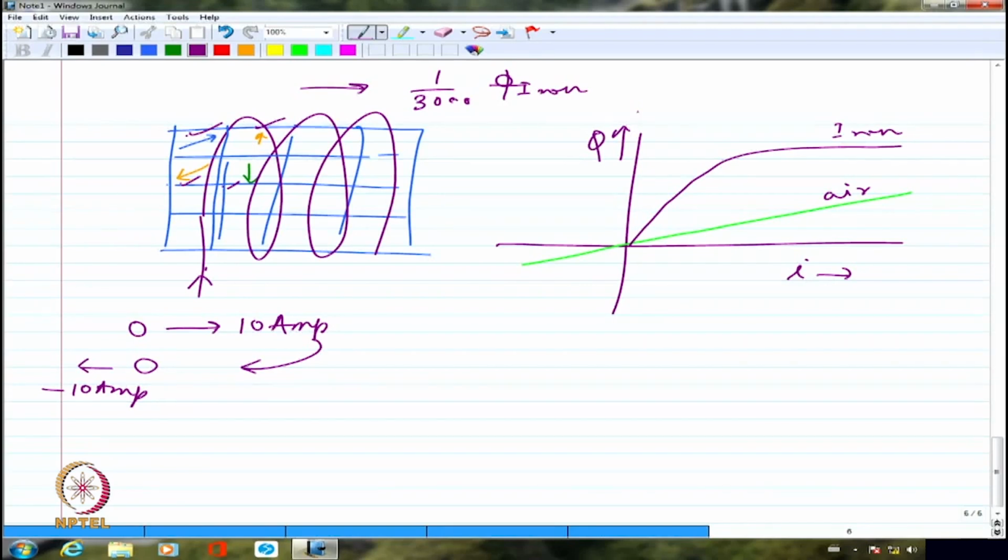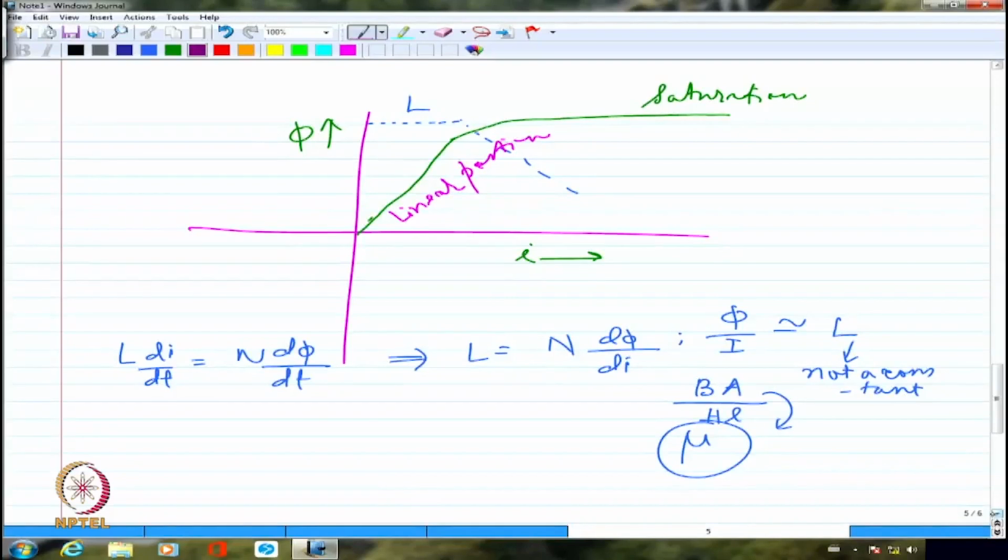That is the reason why, what actually one of your classmates just asked when I was drawing the magnetization characteristics, why it is starting from 0. If it is a new sample of iron, none of the domains have been aligned or realigned. That's why it started from 0. And it reached the saturation value.